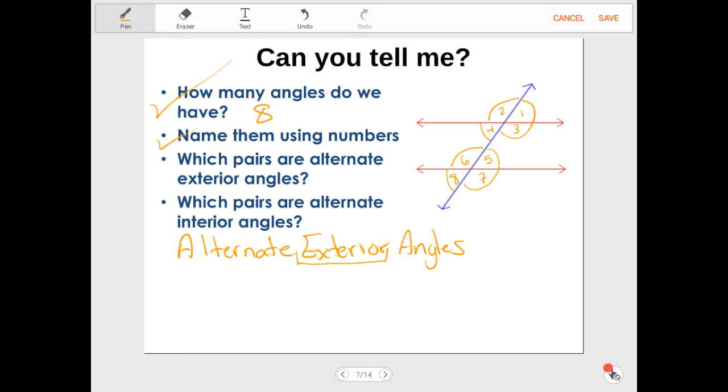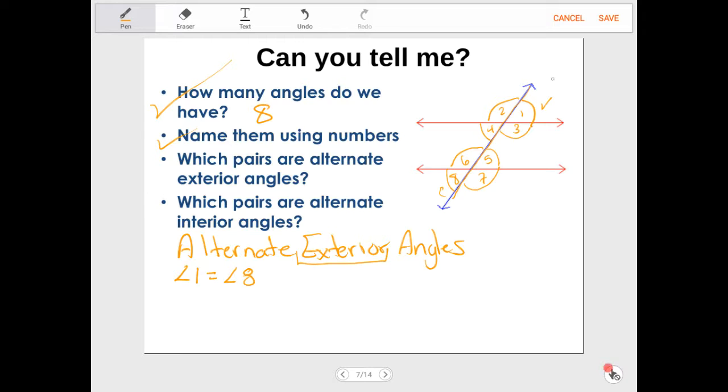So we need to look outside of the parallel lines and find angles on opposite sides of the transversal. So in my opinion, if you look here at number 1, it is on the outside of the parallel lines. If we travel down the transversal and go to the other side, it's angle 8. So we know that angle 1 is the exact same as angle 8.